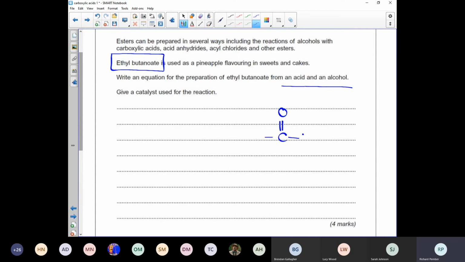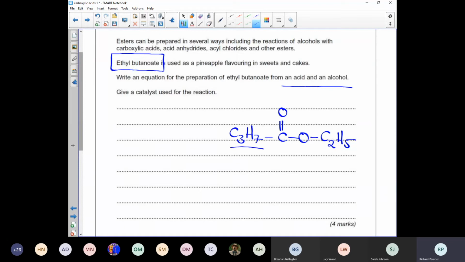ester out on the right hand side and make this as part of my equation. So ethyl means that that's the group attached to the oxygen, and so butanoate. Be careful about doing things like that. So this is now a little bit ambiguous on the left-hand side.